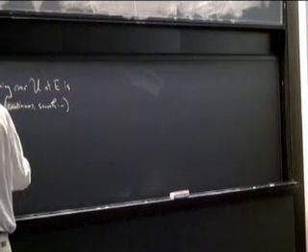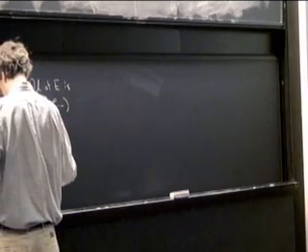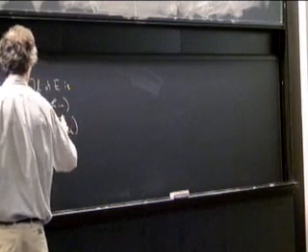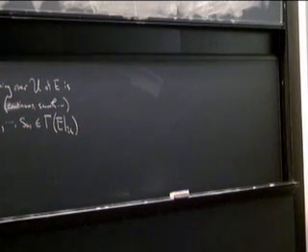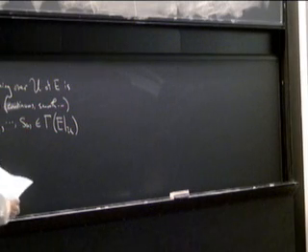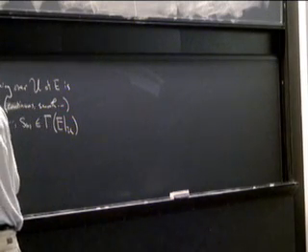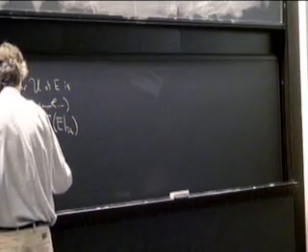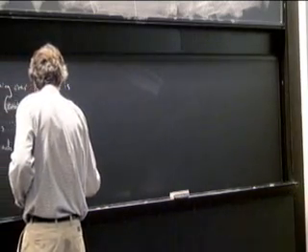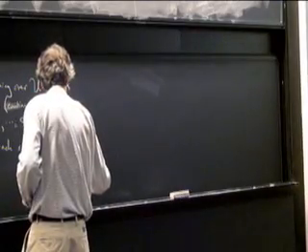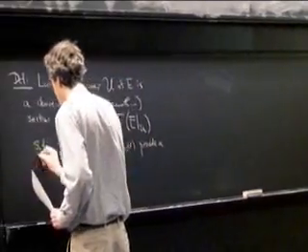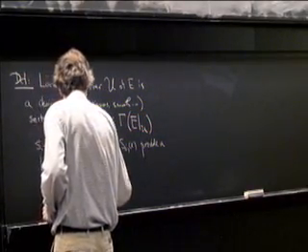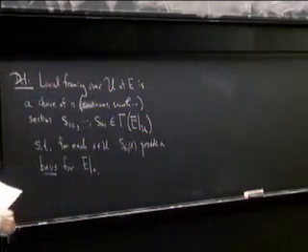Let's call them S sub 1 through S sub n. So these are sections of E restricted to U. My symbol for sections is capital Gamma. Such that for each x in U, the S sub i of x provide a basis for the fiber E restricted to x.